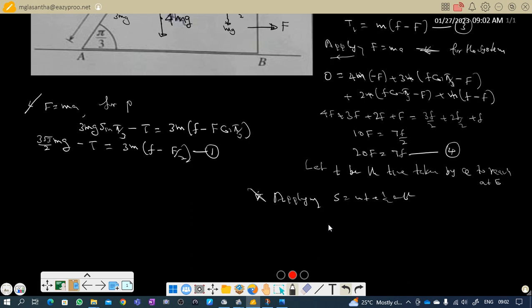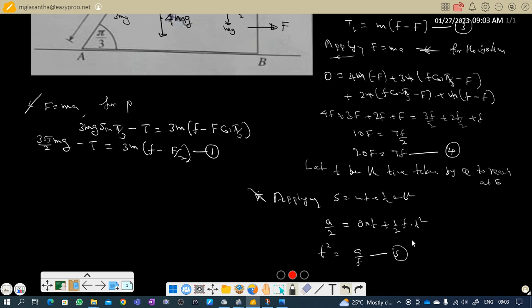So you have distance is a by 2 equals initial velocity is 0 because the entire system starts from rest, plus half simple f t square. So t squared equals a over f. So this is equation 5.